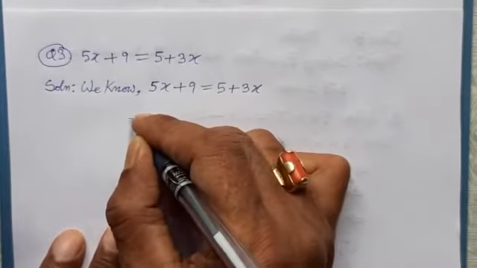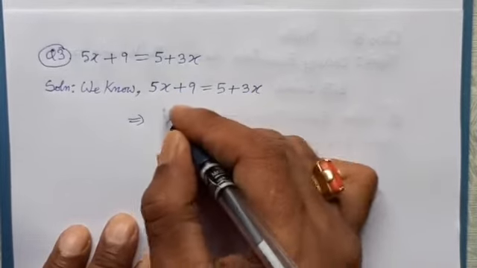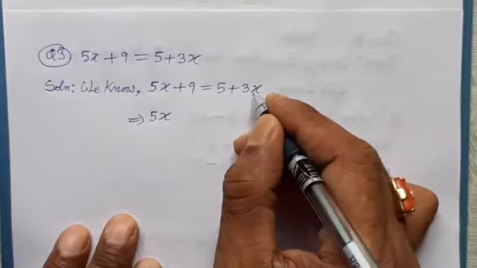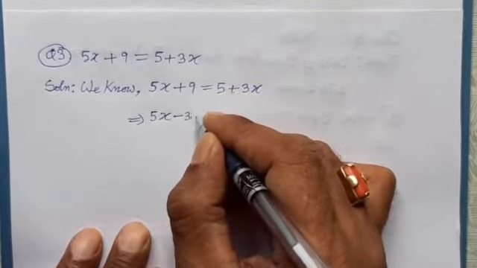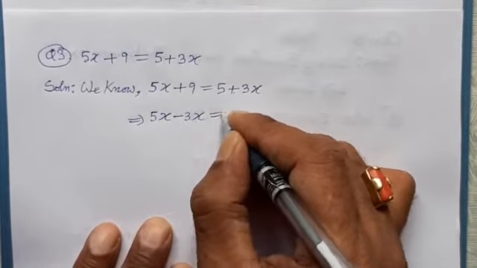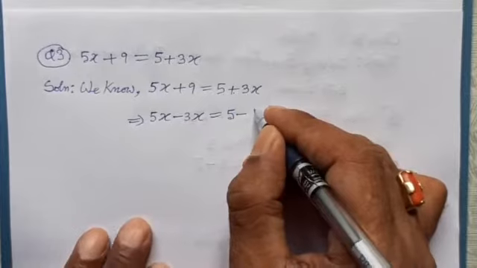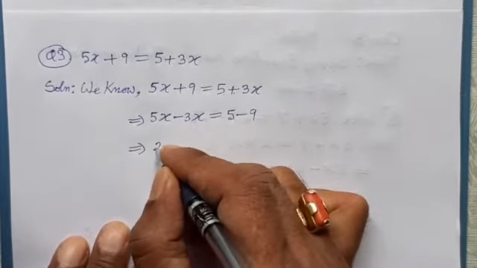Next step. This 5x and 3x have variable x. So let's keep 5x and 3x on the same side. So 3x is transposing to the other side. The plus sign will be changed into minus sign. Minus 3x is equal to 5. This plus 9 is transposing to the other side, then minus 9. 5x minus 3x, if we subtract, we will get 2x.